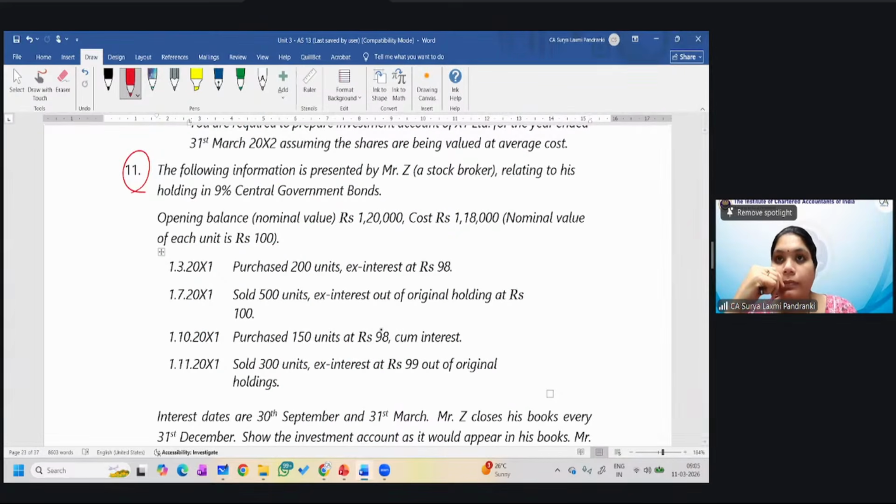The price falls to X. Earlier we bought at the cum-right price, but now the price has fallen to X. That loss we need to post in the P&L, right? Yeah, we did that only, in the example that we just did. Yes. Okay, ma'am. Thank you so much.